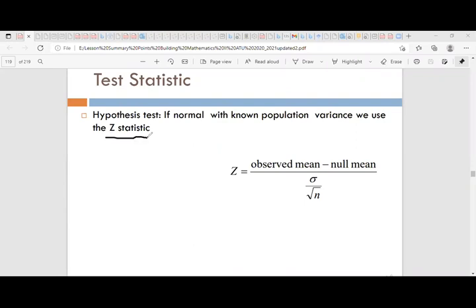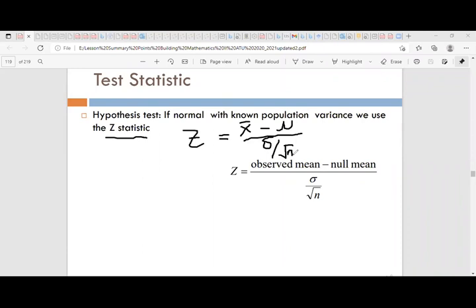Don't forget, everything we are doing is using samples. So we are talking about the observed sample mean minus the claim value, which is mu, over the population standard deviation over square root of n. I think we've seen this already.